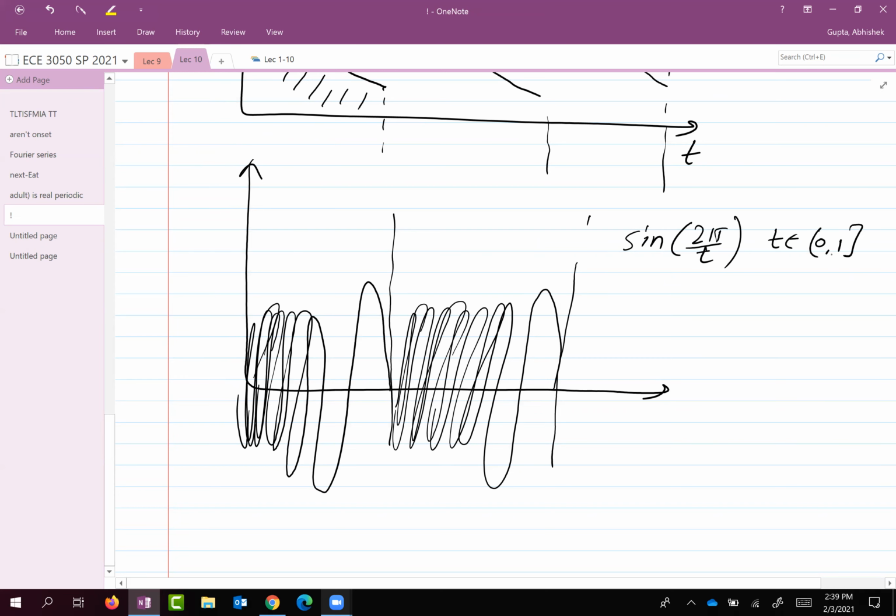So it has an infinite number of maxima in an interval 0 to capital T, or from capital T to 2 capital T, and so on. It doesn't happen in the real world. This signal is completely irrelevant for real world applications, but for this periodic signal, you cannot compute the Fourier transform.